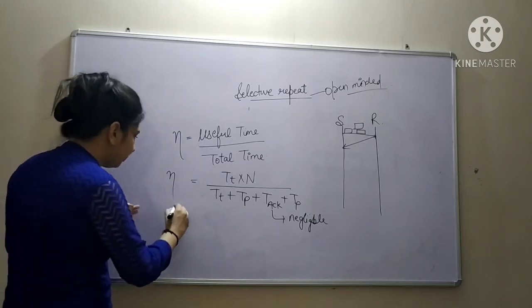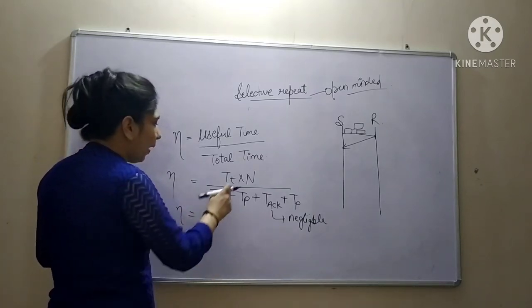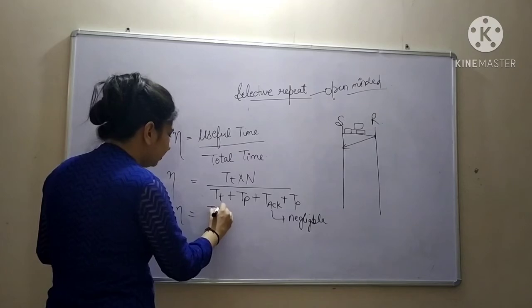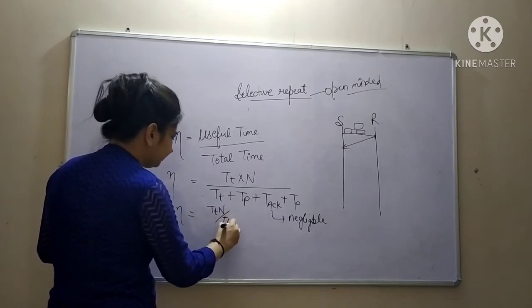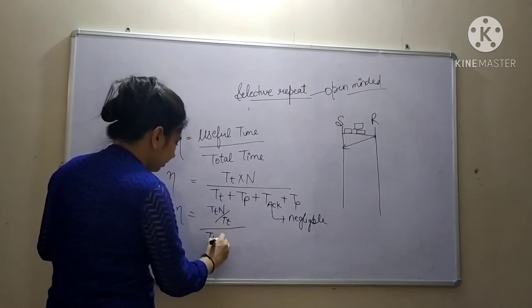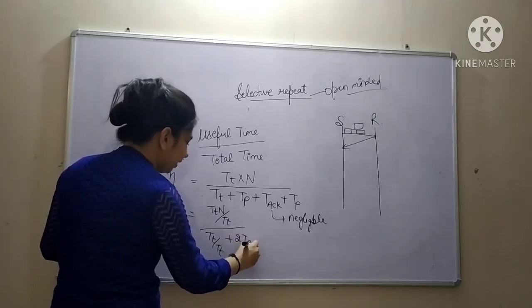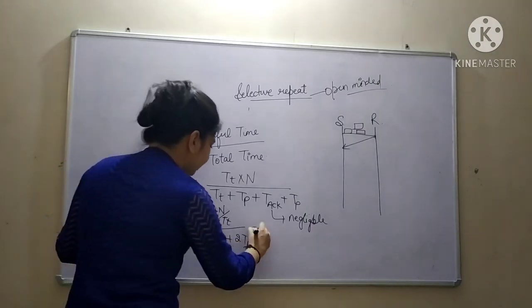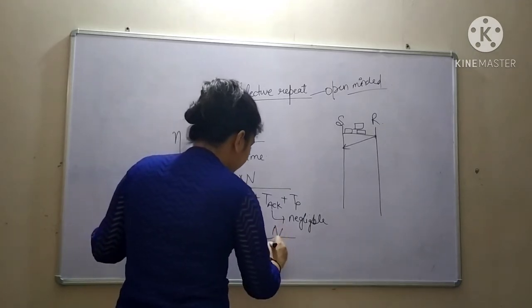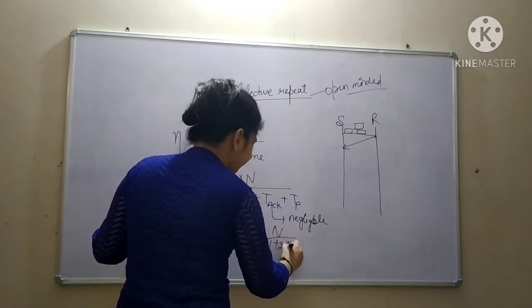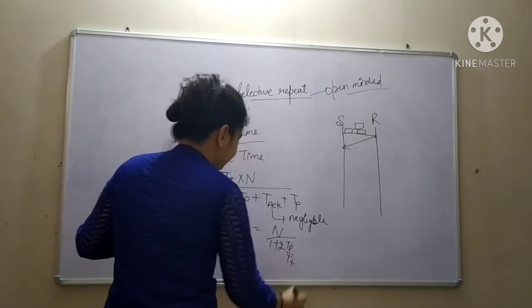Now divide all the terms by TT. TT divided by TT plus 2TP divided by TT. So it is equivalent to n upon 1 plus 2TP by TT.